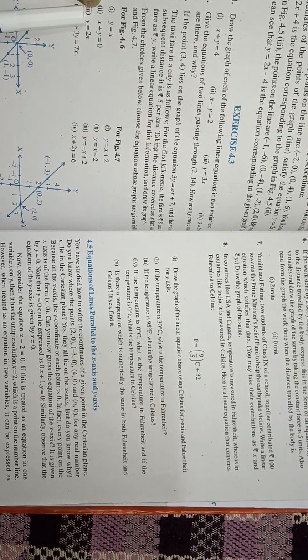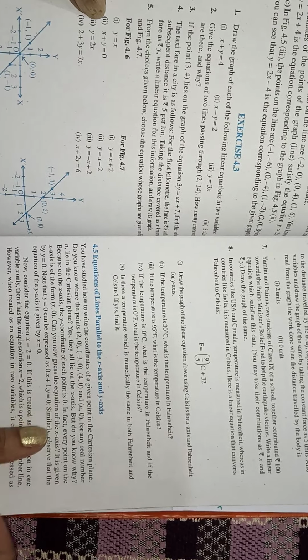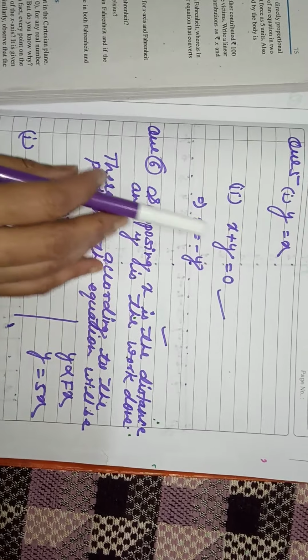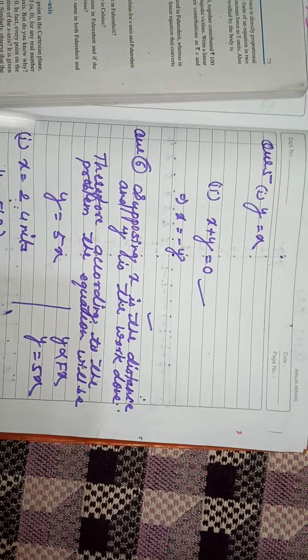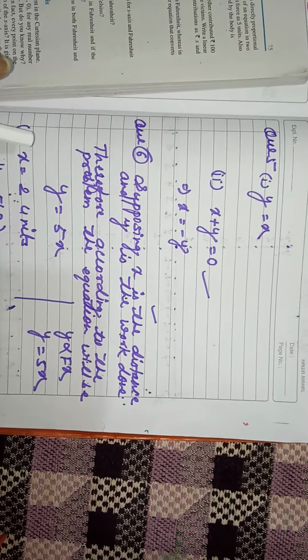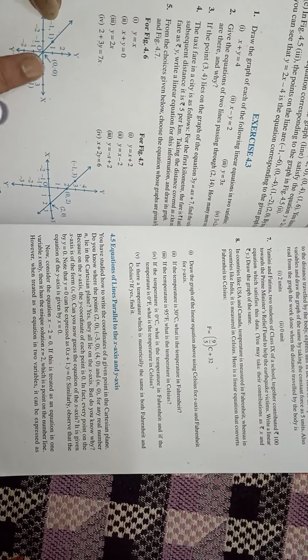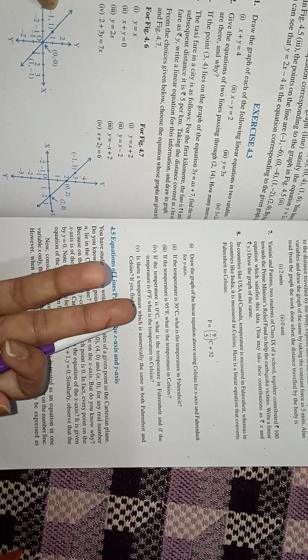Let's see the second option, x plus y is equal to 0. When we solve it, transposing the value of y, we get x is equal to minus y. That means one value is positive and one is negative. Now again look at the graph: 0 and 0, it's okay, since 0 and minus 0 are the same.